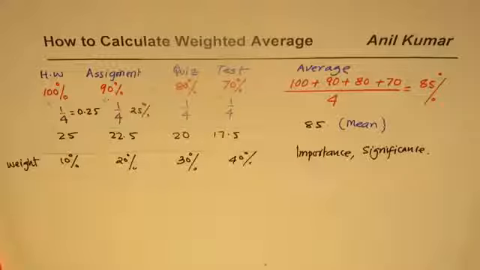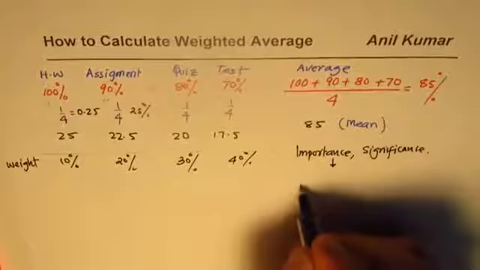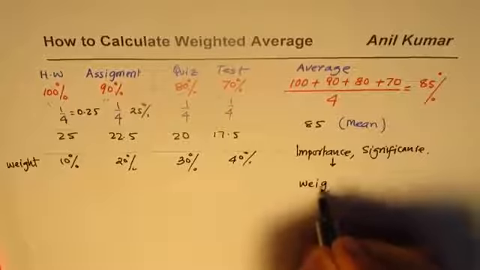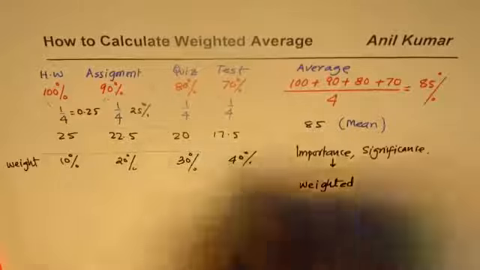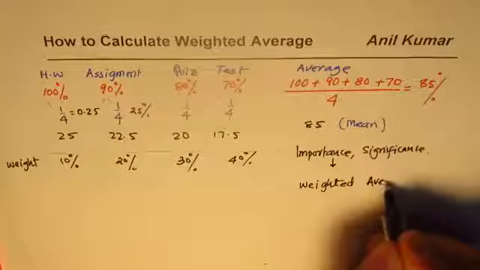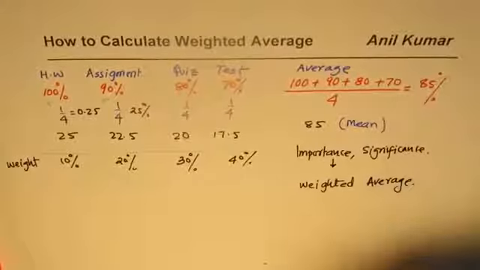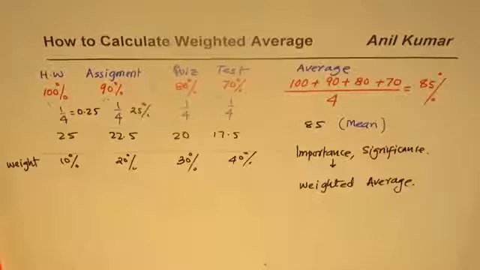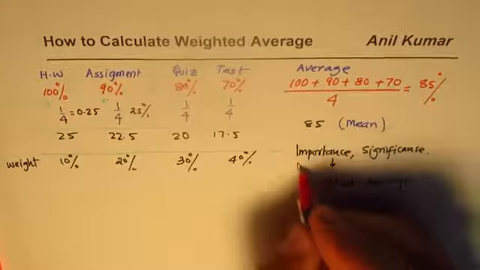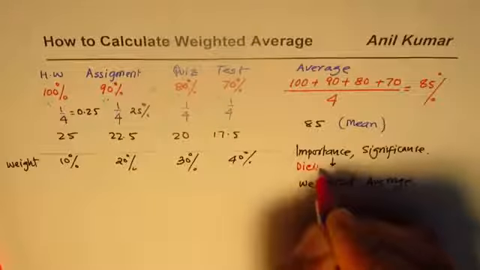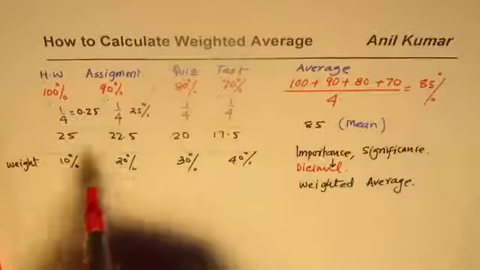Now, how to find this weighted average? So now we are talking about weighted average. Do you understand? Considering the importance of each, which is different. Let us see how to figure that out. First step here is better to write this percent in decimals, so that we can straight away multiply.